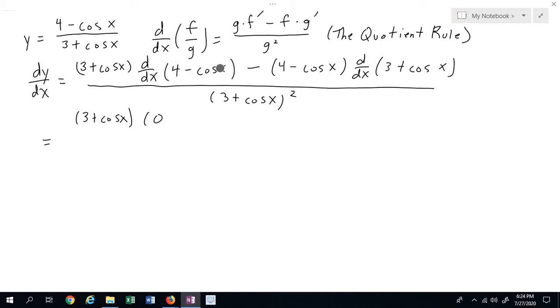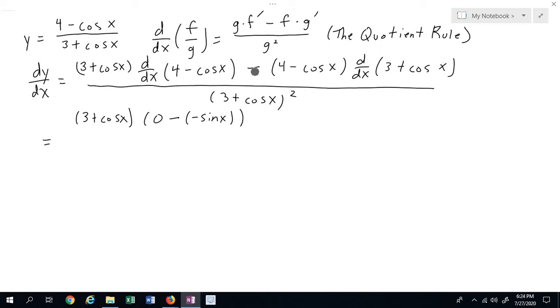Again, you find the derivative of the first term and subtract off the derivative of cosine of x. The derivative of cosine of x is minus sine of x. And when you multiply these two minus signs together, that gives you a plus sign.